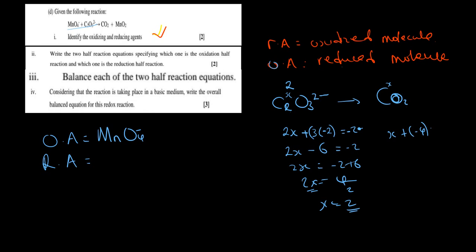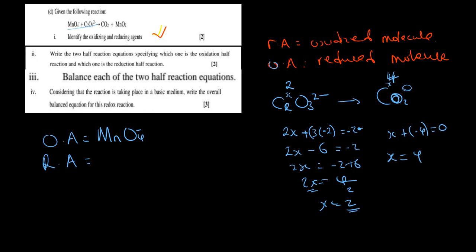You equate to the charge given, which in this case had no number, so that's 0, so x is equal to 4. So we can see that from 2 to 4 it has increased in oxidation state. So we are saying now this guy has been oxidized.